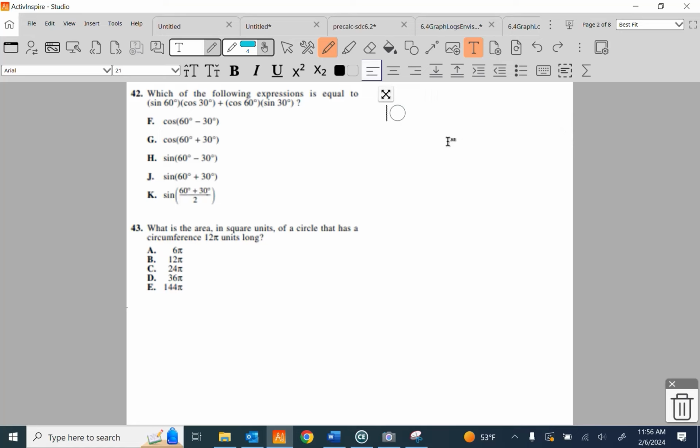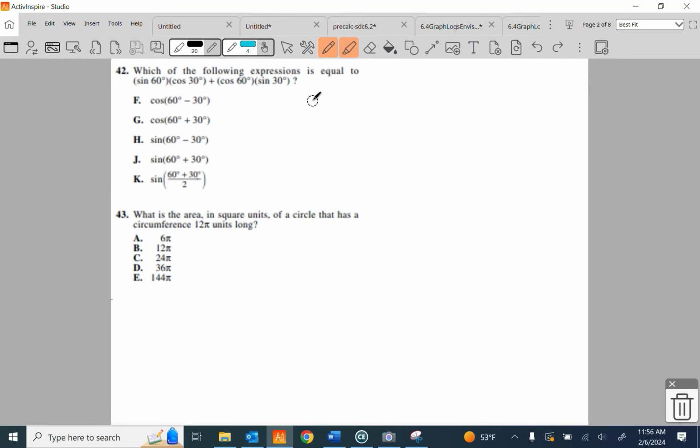But anyways, I teach it in pre-calculus if you take trigonometry. The theorem goes like this. The sine, usually they use Greek letters, but whatever, the sine of x plus y is going to be the sine of x times the cosine of y plus the cosine of x times the sine of y.